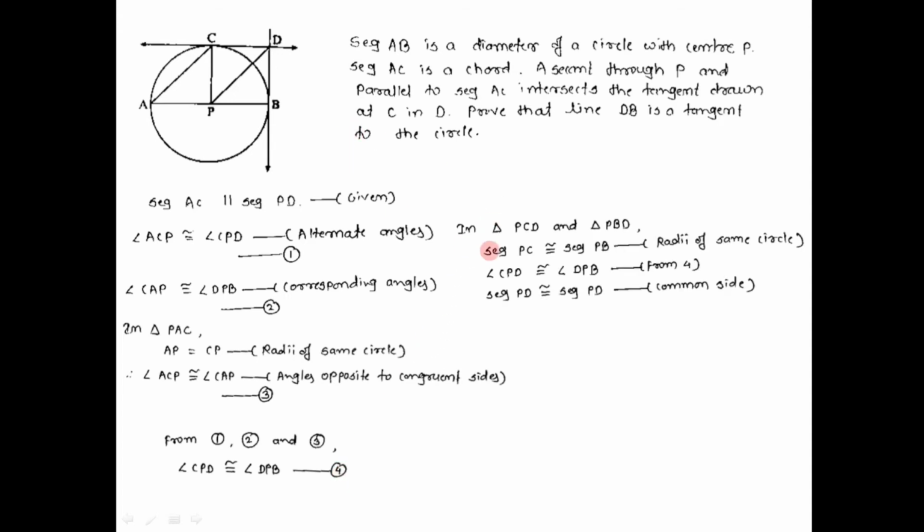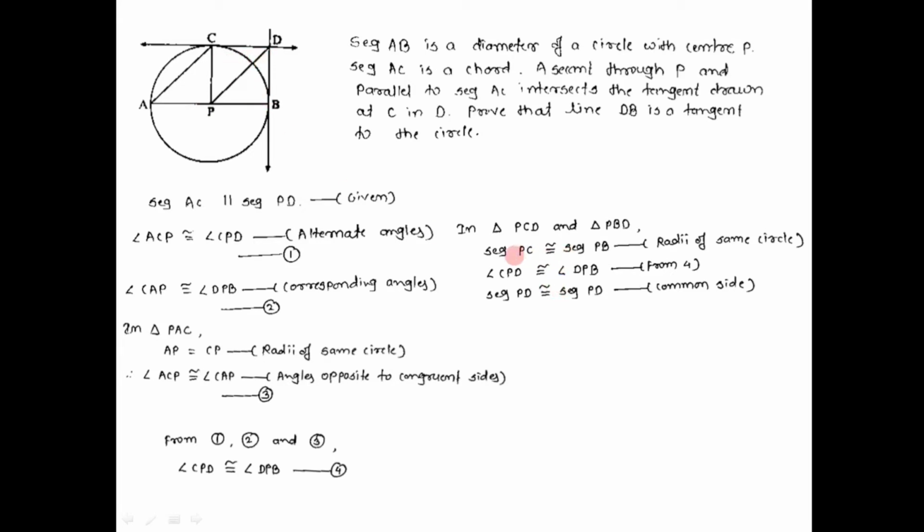Now, we'll consider two triangles formed in the diagram, that is triangle PCD and triangle PBD. We are going to try to show these two triangles are congruent.